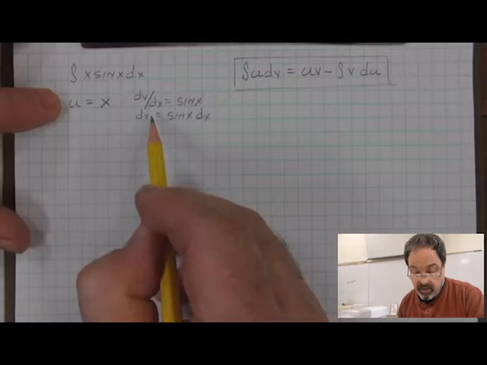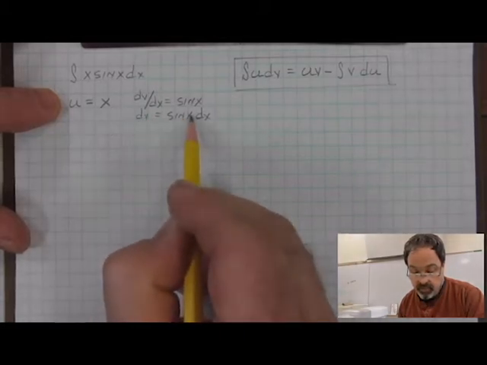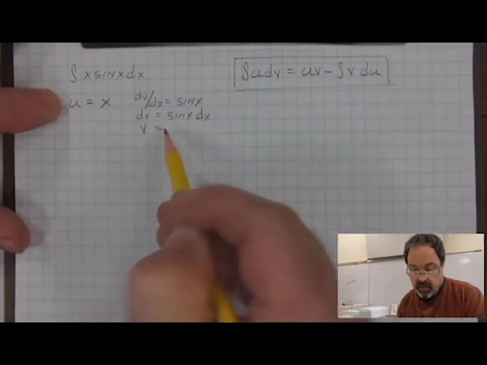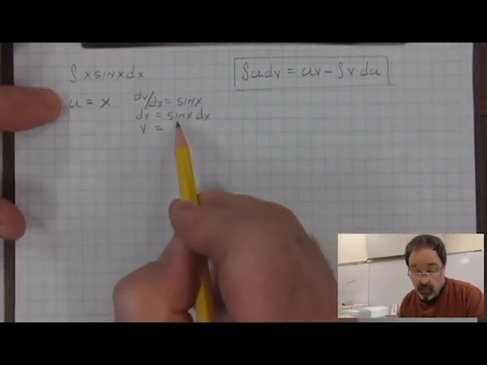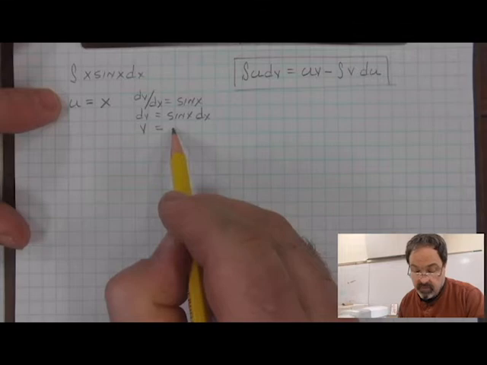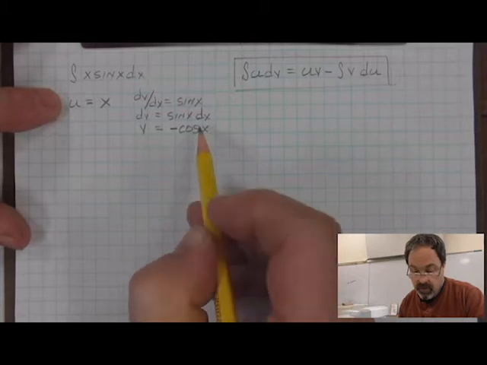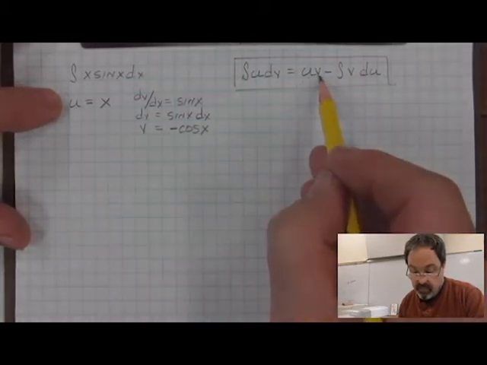In other words, if I integrate both sides of this equation, then on the left I get v, and on the right the integral or antiderivative of sine x is negative cosine x. I now have the u and v piece.